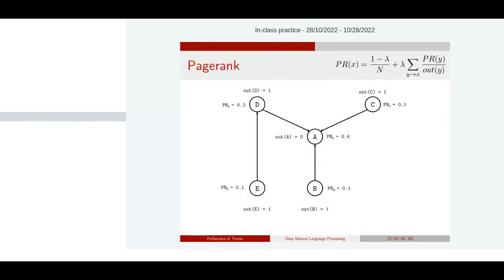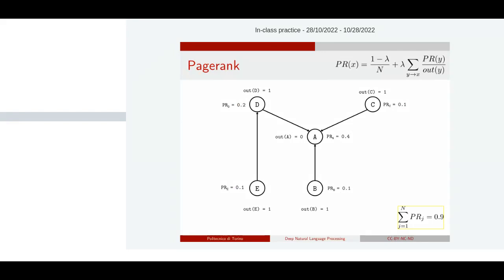I can continue and do other iterations. One thing to notice here is that if I sum up everything, 0.1, 0.4, 0.1, and so on, I get 0.9. The sum of all PageRanks is 0.9. It's not 1.